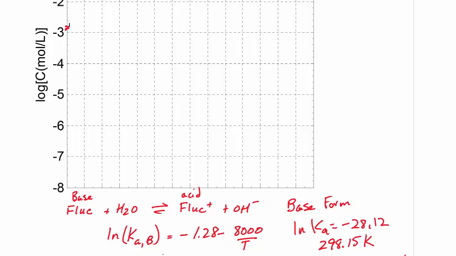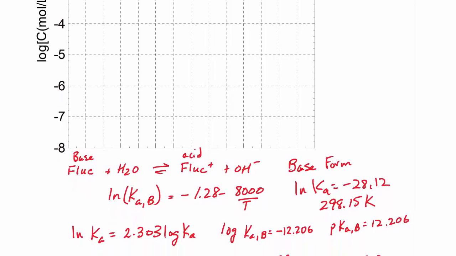So I've taken the equilibrium relationship and calculated the log of K from this equation, recognizing that it is the base form. That provides me the value of the natural log. Now for the Sillen diagram, I need to work in common logs, and pH values are based on common logs also.